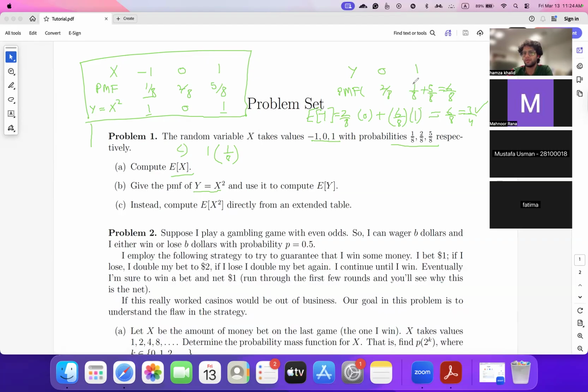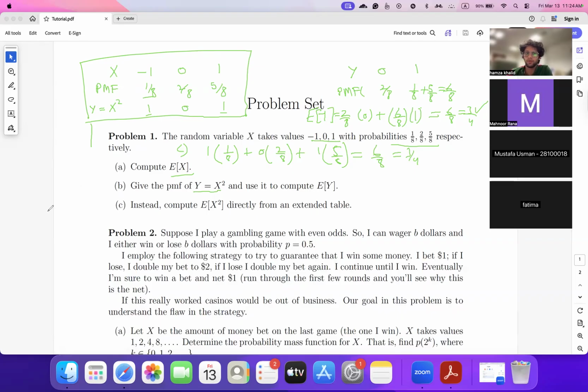So you had realizations and their corresponding probabilities. Here, I'm going to use the PMF of x to compute the expectation of x squared. So that's just 1 by 8 times 1 plus 0 times 2 by 8 plus 1 times 5 by 8. Not surprisingly, the answer is again 6 by 8, which is just 3 by 4.